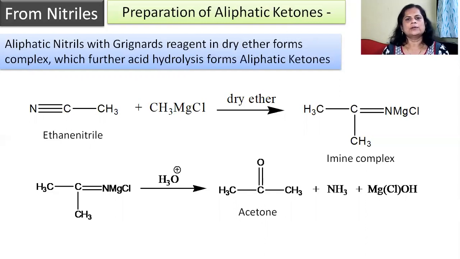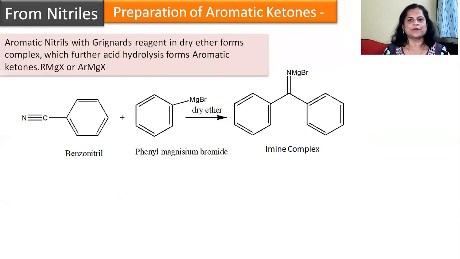If you want to prepare aromatic types of ketones, what we require are reactants which contain a phenyl ring, and therefore we are using the example benzonitrile, C6H5C triple bond N, and benzonitrile reacts with the phenyl magnesium bromide, C6H5MgBr, in presence of dry ether.